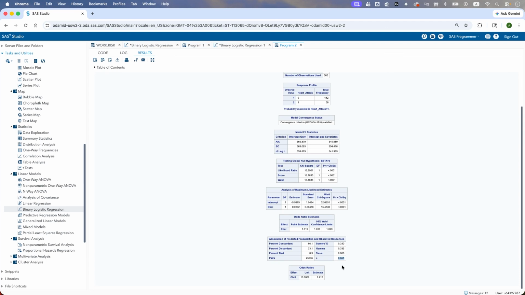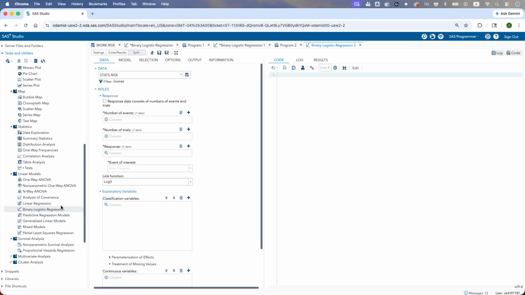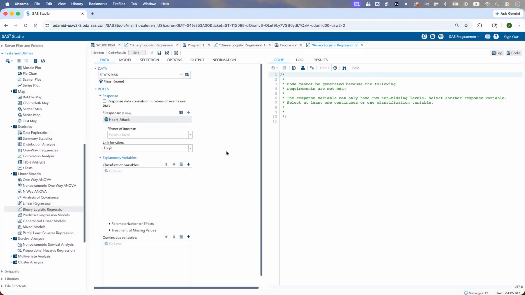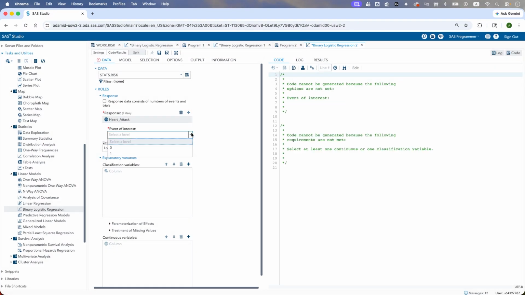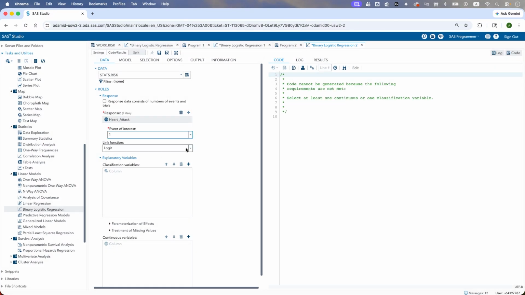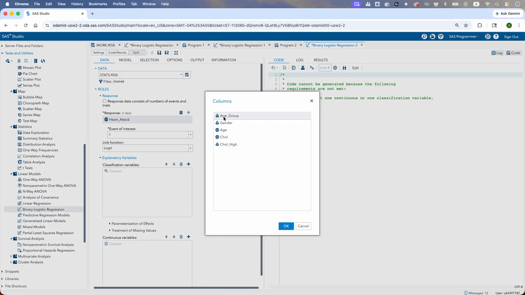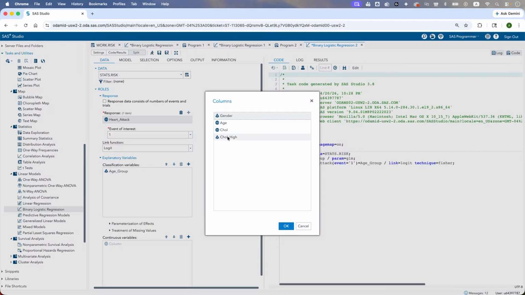But now let's build the full model. Let's go to the binary logistic regression and build the heart attack model. It's one logit function classification. I'm going to add the age group, the gender, and the cholesterol high.